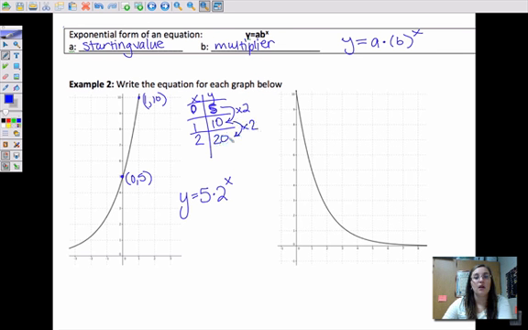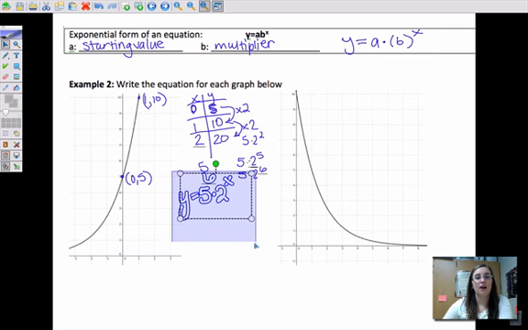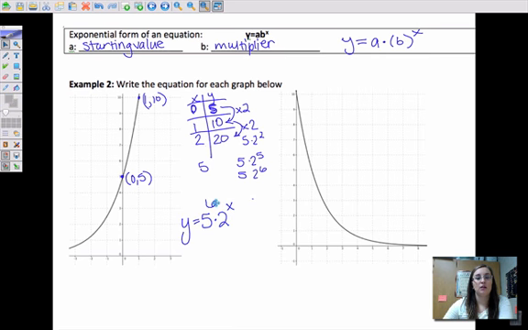So for example, when I get to the second x, I've multiplied 5 by 2 twice. So I get 20 by doing 5 times 2 squared. When I get to the fifth spot, I'm going to do 5 times 2 to the fifth. When I get to the sixth spot, 5 times 2 to the sixth. I'm just doubling that 5 by 2 every single time. Okay?